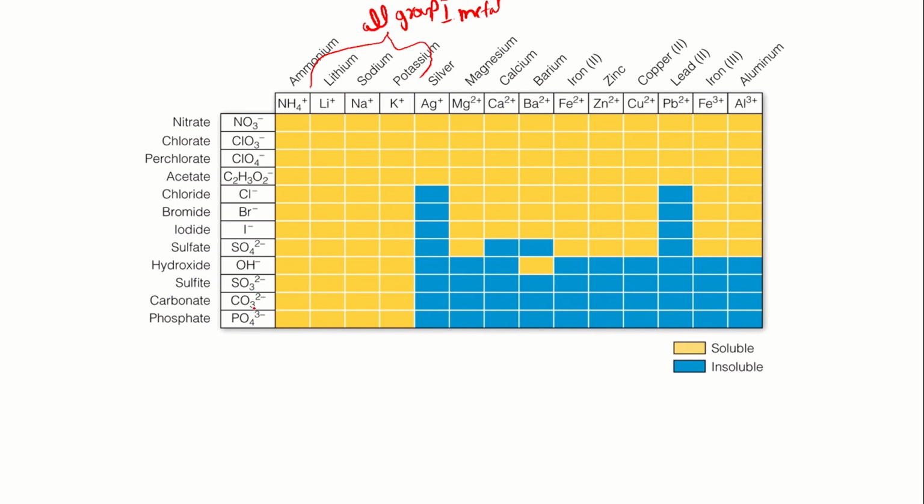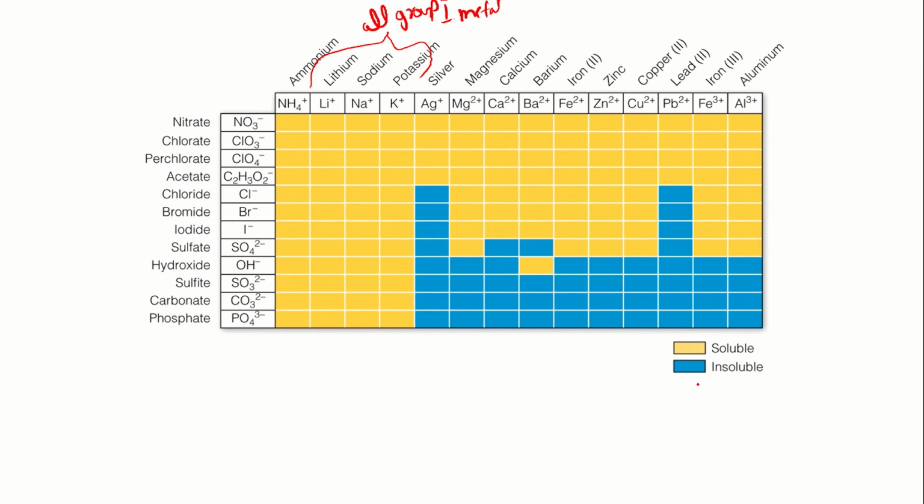No matter what kind of anion you have, if you put the ammonium ion or any of these group 1 metals, they will always be water soluble. And you can find how the others go. For example, you can see silver. You can see that silver nitrate, chlorate, perchlorate, and this one is acetate, are all soluble. But how about the halides? The chloride, bromide, iodide, and sulfate are not soluble.